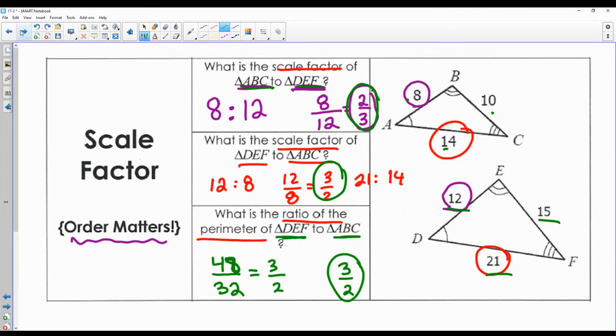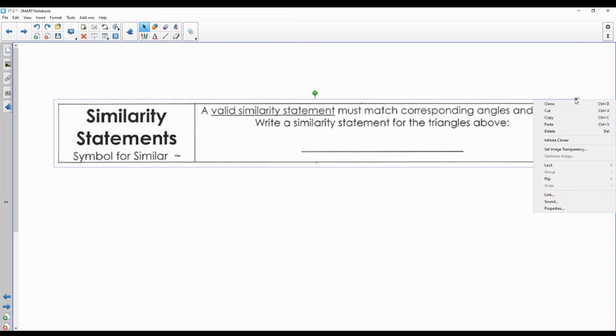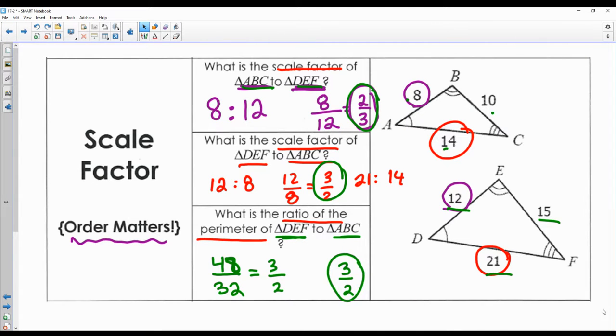Okay, last thing in this video really quickly is how you write a similarity statement. Actually, how am I going to do this? Sorry, guys. We need the other copy. We need to come back here to this page.